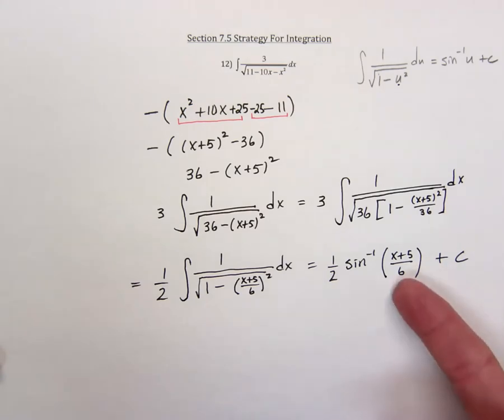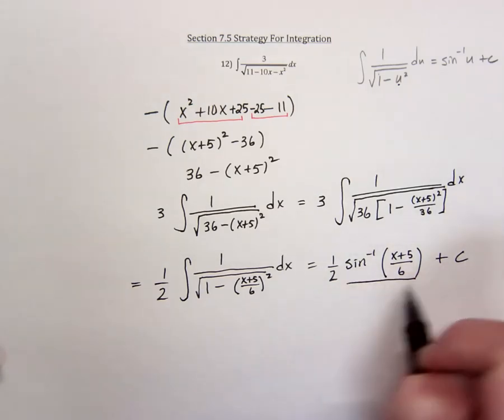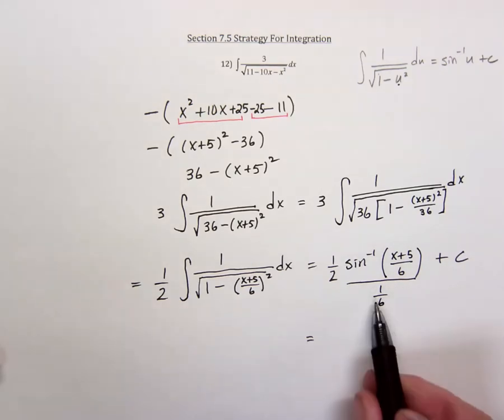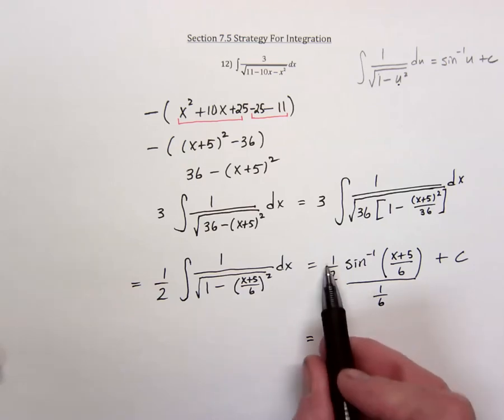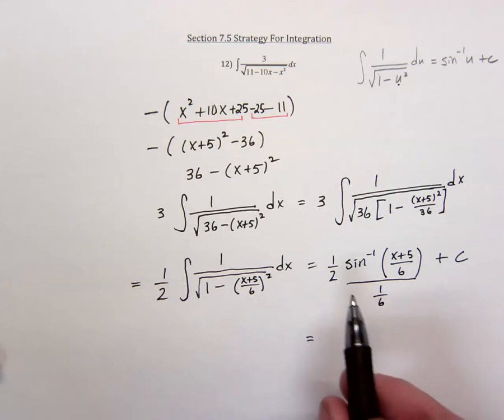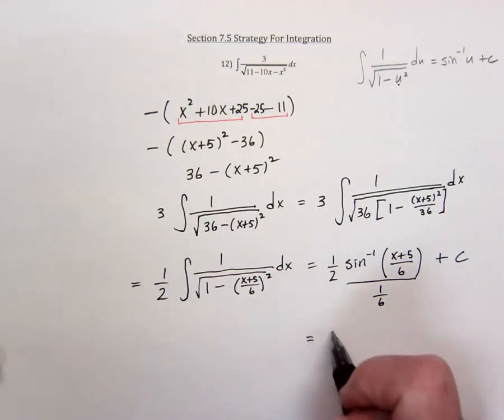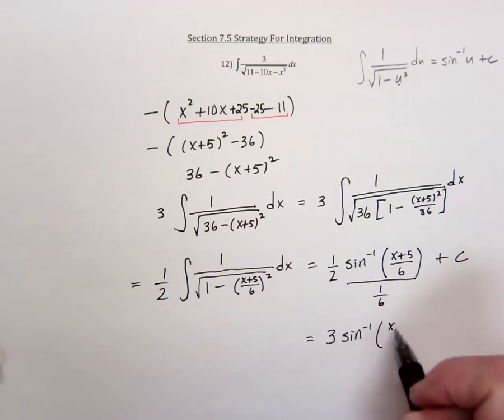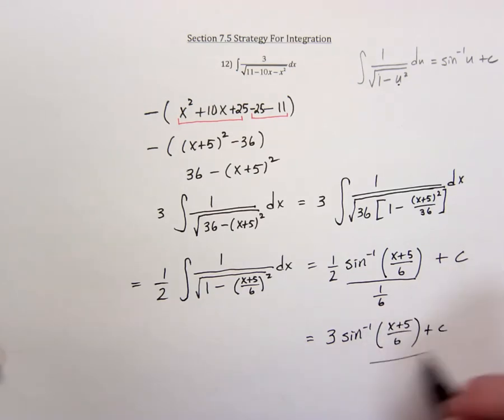The derivative of the inside would be a 1/6. Consequently, we need to divide by 1/6. Now we need to clean up these fractions, so multiply by 6 and multiply by 6. On the numerator and denominator, this would be 6 over 2, so that's a 3. Sine inverse of the fraction plus the c, and I'm liking it.